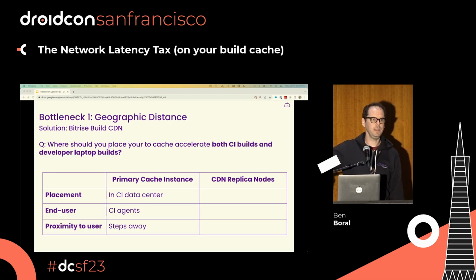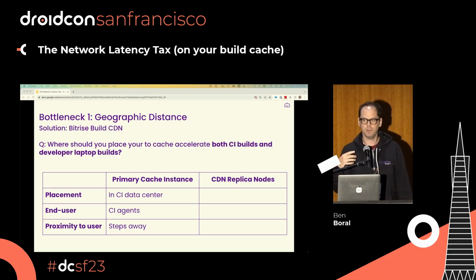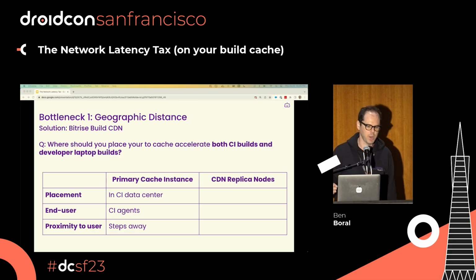We're putting our cache server, our primary server, inside the data center. Again, that distance affects latency, and we're minimizing that to the nth degree. That build server is just steps away from where your CI runner sits, right? So those CI builds are super fast.